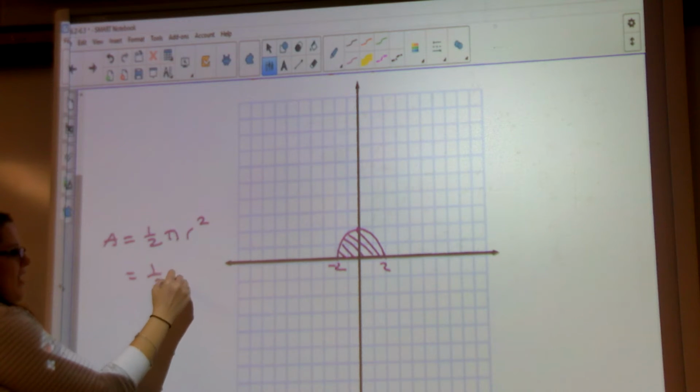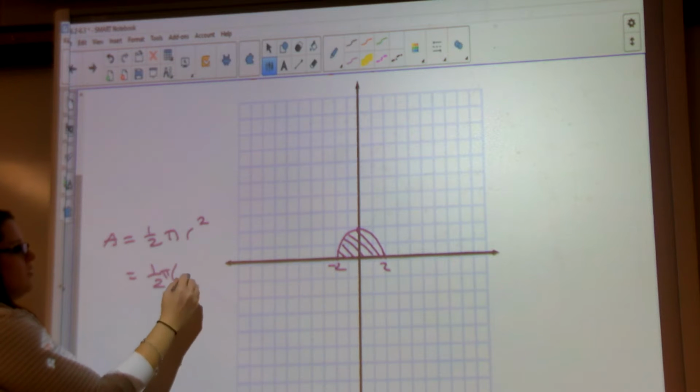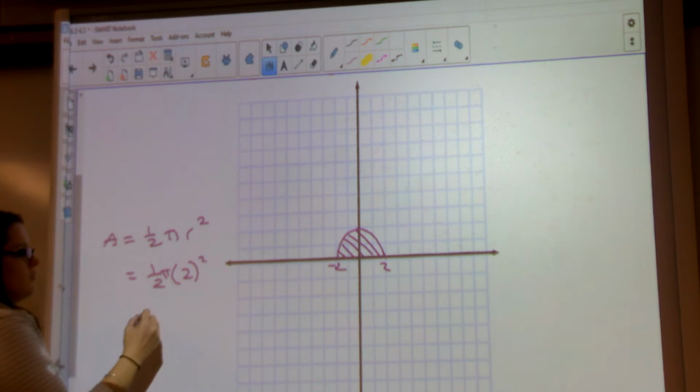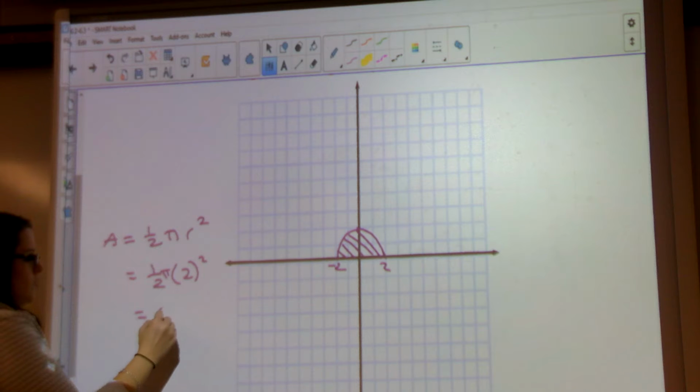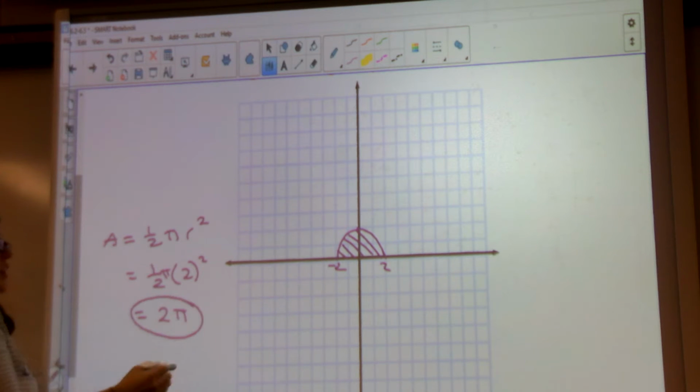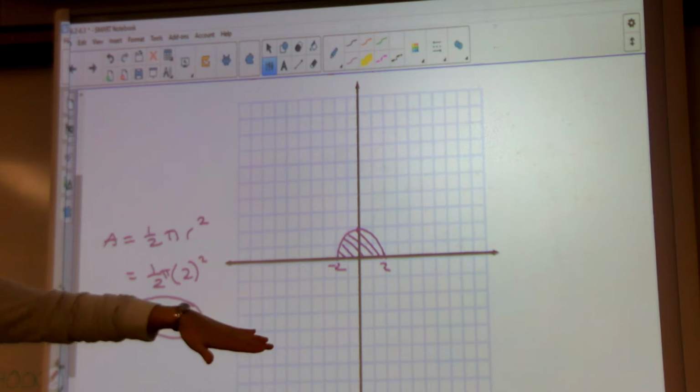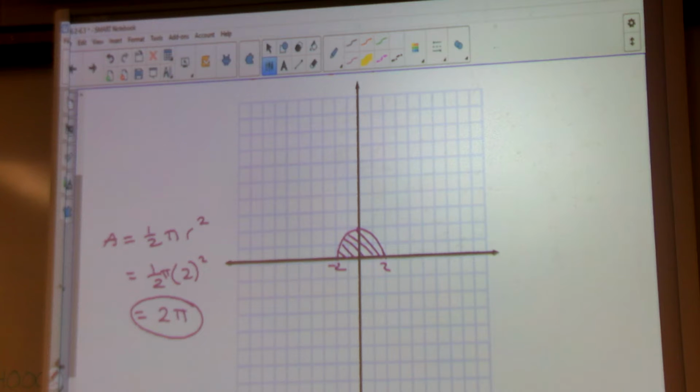In our case, 1/2 pi 2 squared gives me 2 pi. If that was the bottom half, it would be negative 2 pi. What if I gave you the integral from 0 to 2? It would be 1/4 pi r squared because you're doing a quarter of a circle. We're just using geometry formulas right here.